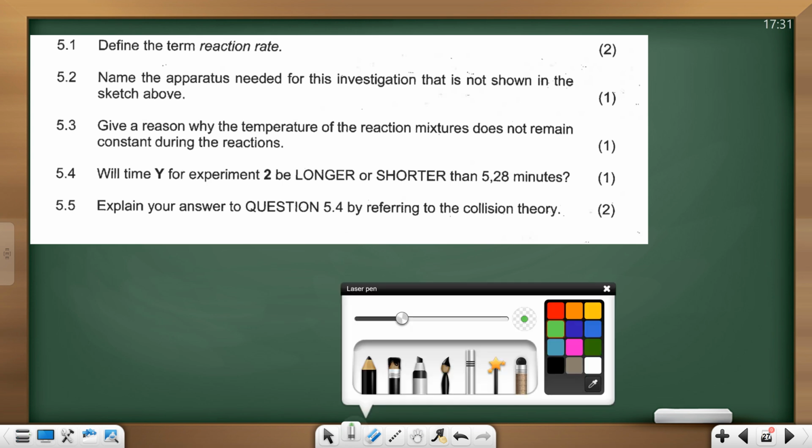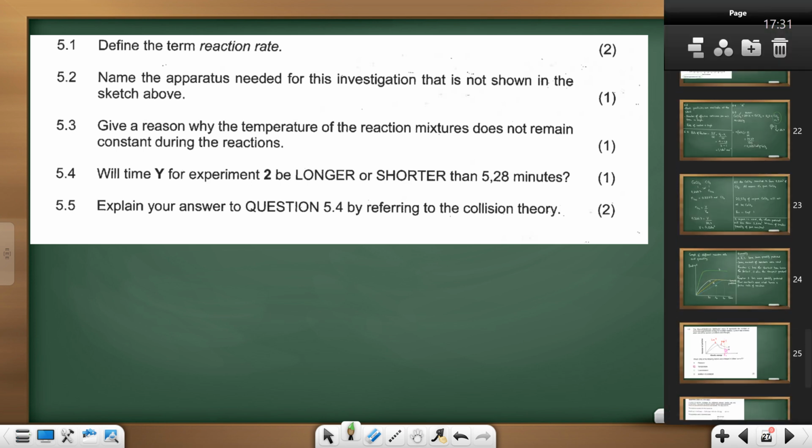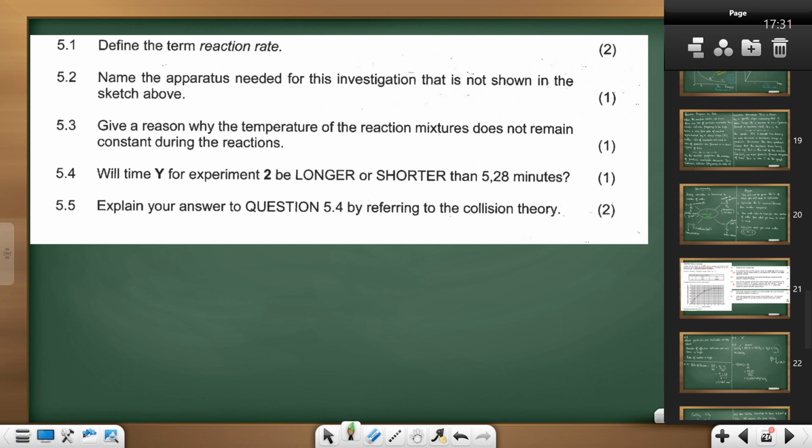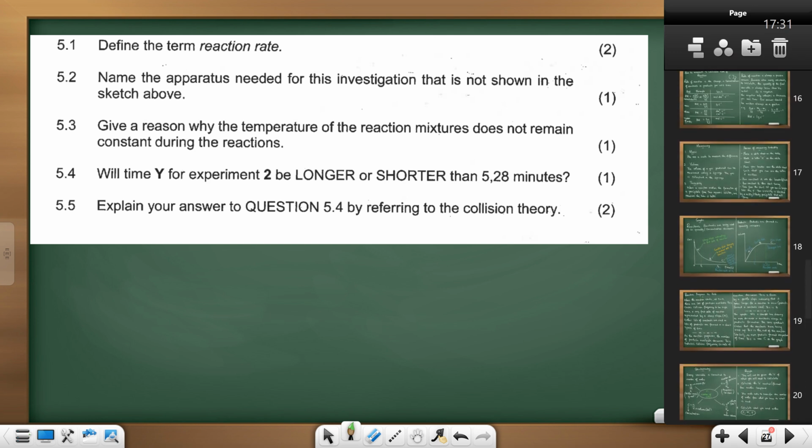Let's answer the question. Define the term reaction rate. It's there. I don't want to write. Why? I want to take you back to the notes. All right? What is my reaction rate? It is the change in concentration of reactants and products per unit time.